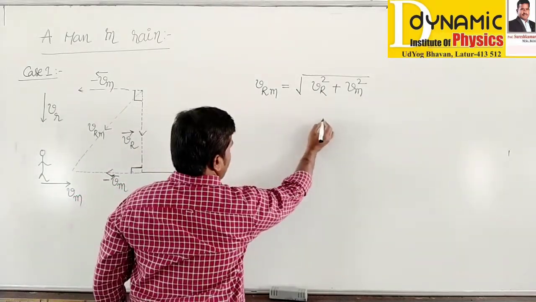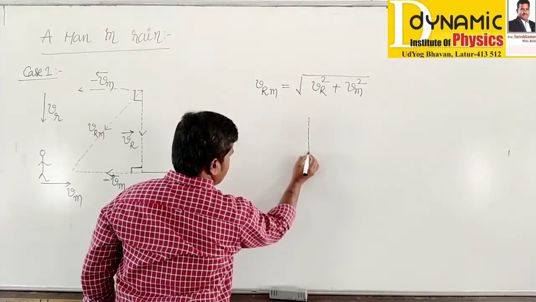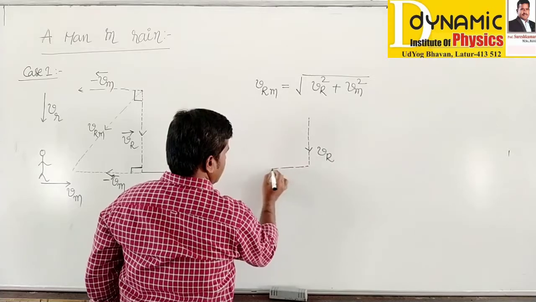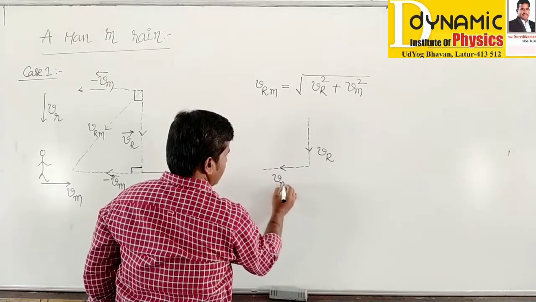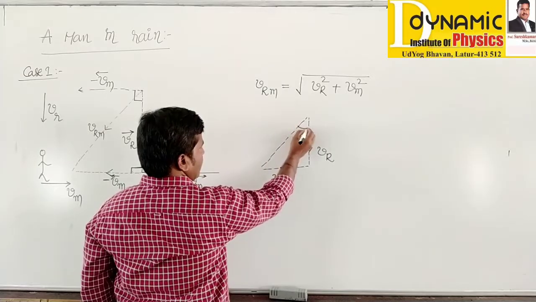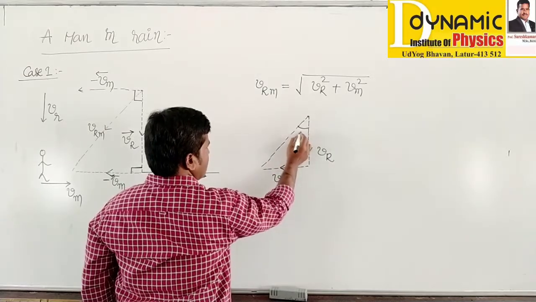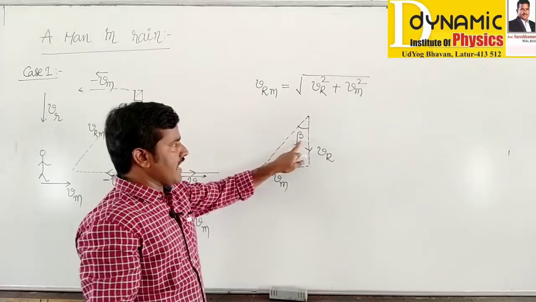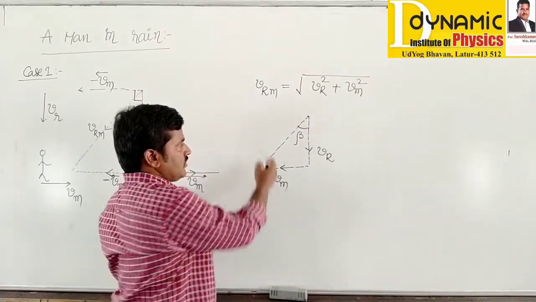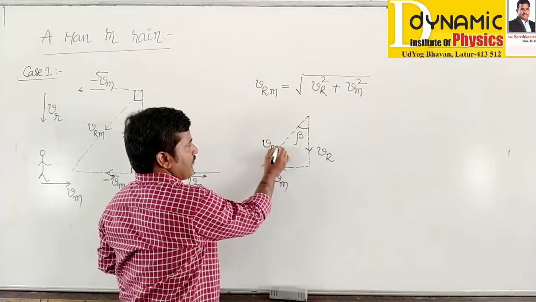Suppose this is the rain direction, falling vertically, Vr. This is the direction of V man. So this is the relative vector. This angle is beta, the angle of rain with respect to relative Vrm.